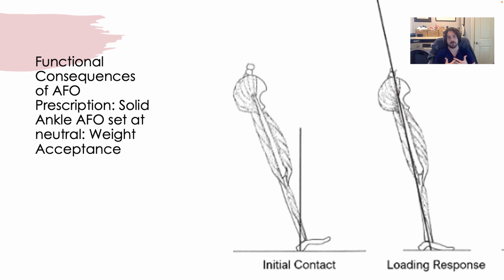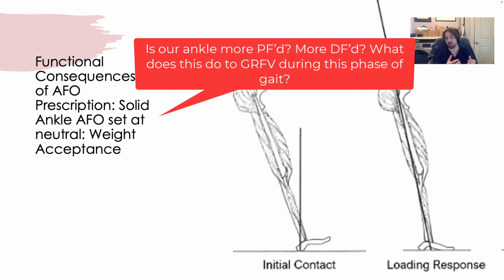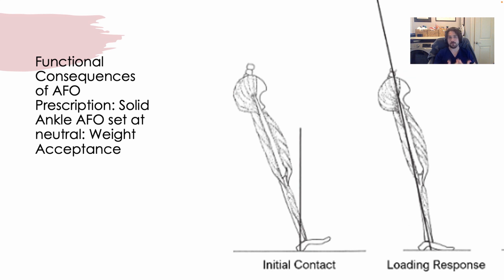And the nice thing is that if you have a good understanding of what I just talked about in terms of the rockers, you're going to be a good bit of the way there. Because again, the difference is, where is our ankle relative to where it is supposed to be during normal gait? And also the interventions that we do are the same based on the functional phase of gait.